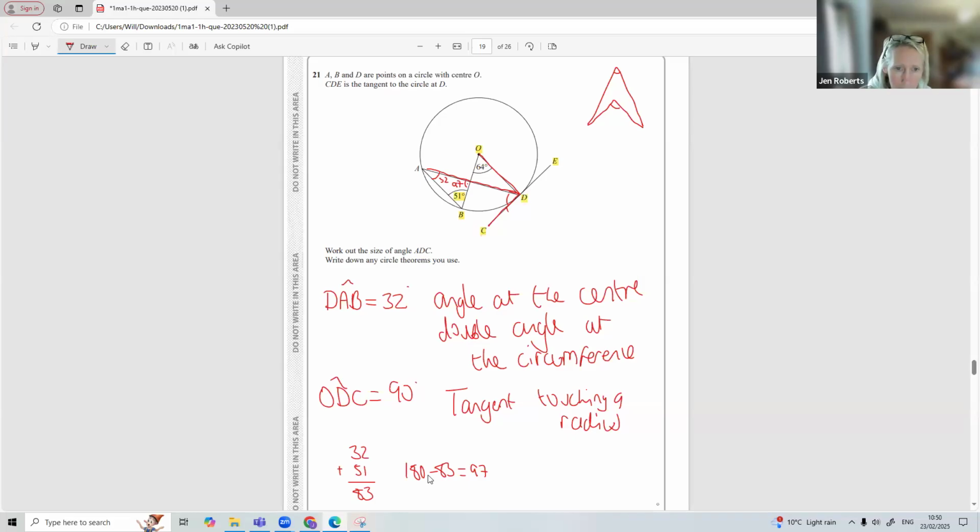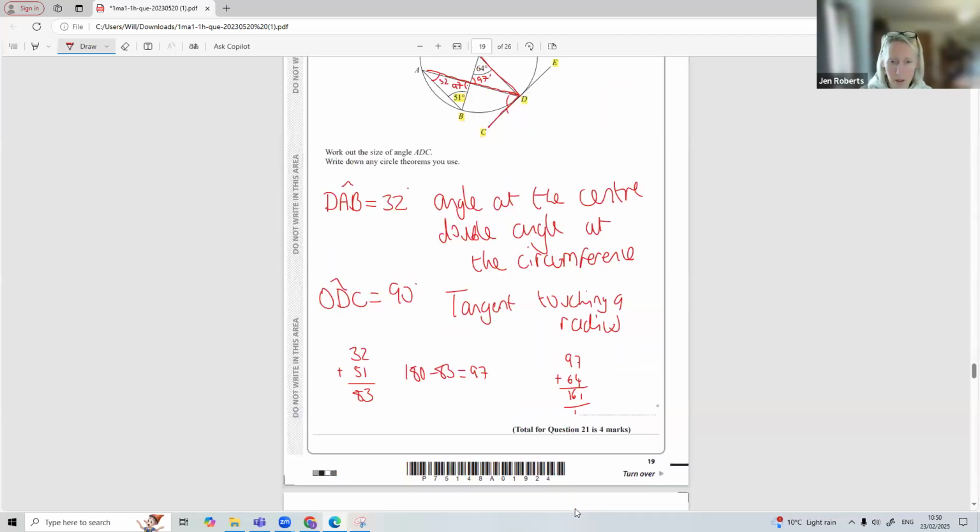Opposite angles are the same, so this angle here is 97. Then we've got 97 plus 64, which means that angle there is 19.